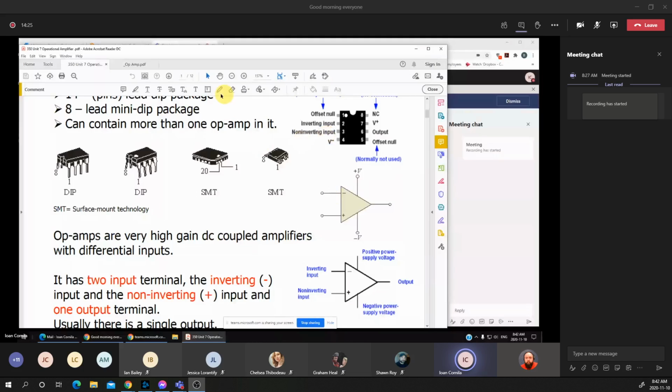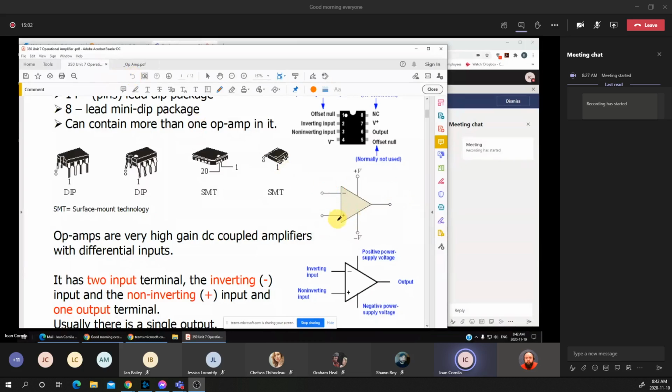What that means in terms of the phase shift, and that's the only difference between the two inputs. Suppose that I'm applying a negative signal on the inverting input. On the output we will end up with a positive signal. If we are applying a positive on the inverting input, on the output we will have a negative value. That means 180 degrees out of phase between the input and the output, and that's the meaning of the inverting input.